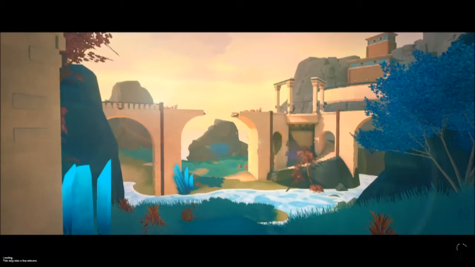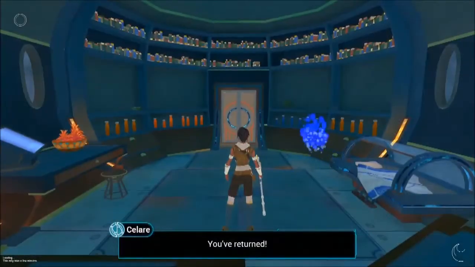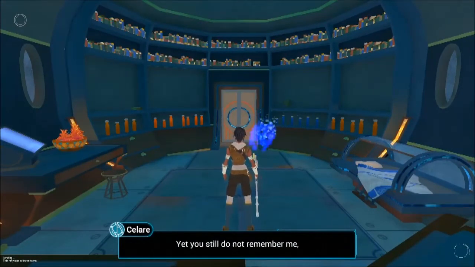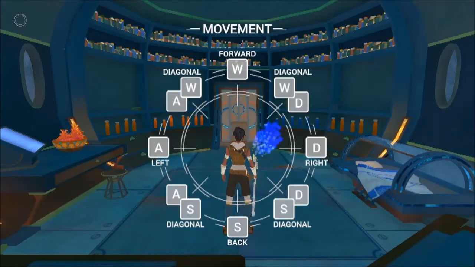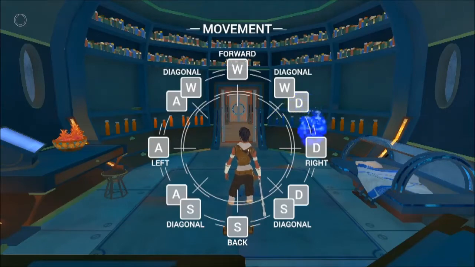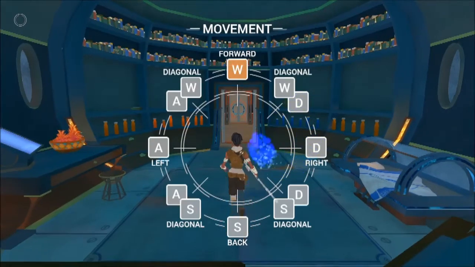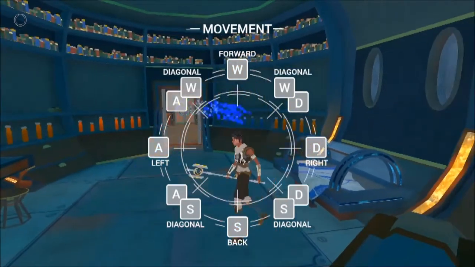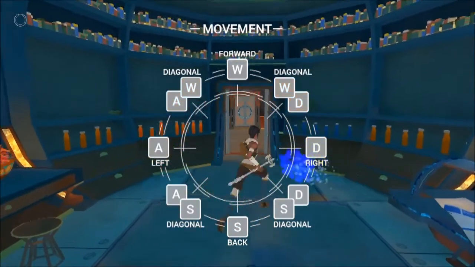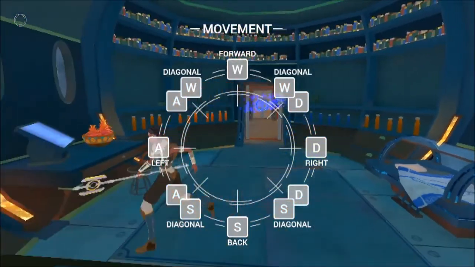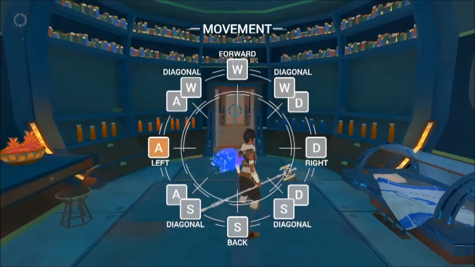Okay, so that sort of introduces it a bit. We're in a world which is going to be in danger of falling apart. So as we can see, general standard controls, forward, back, left, right, and they also have the diagonal, which it's interesting they put that into the tutorial.